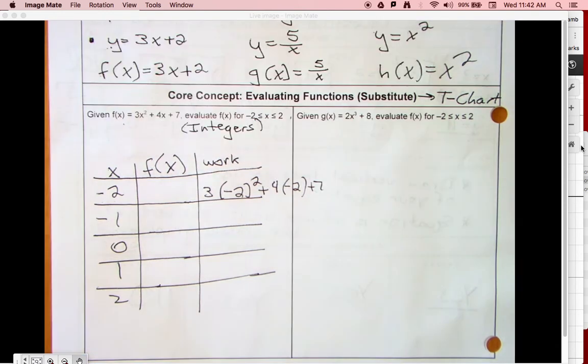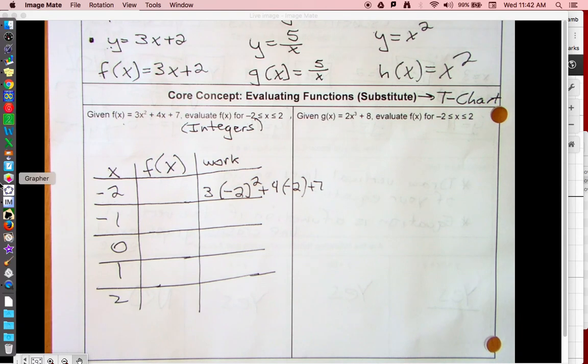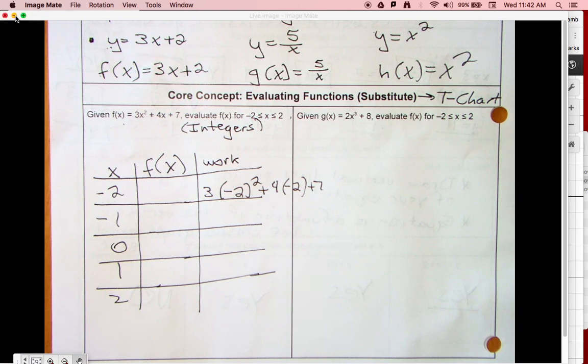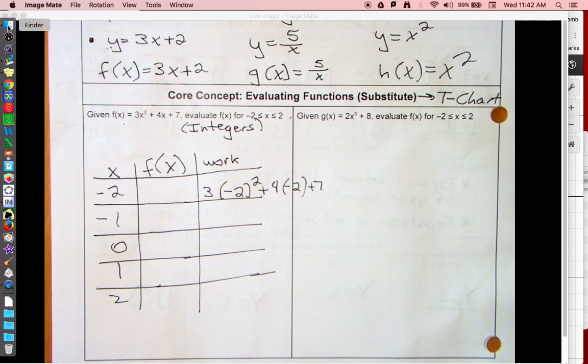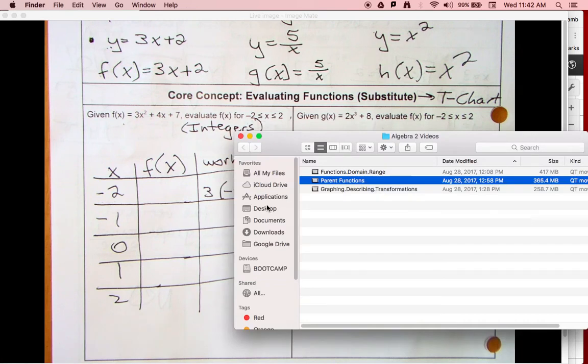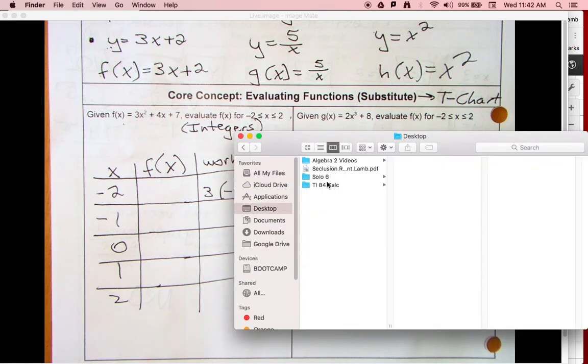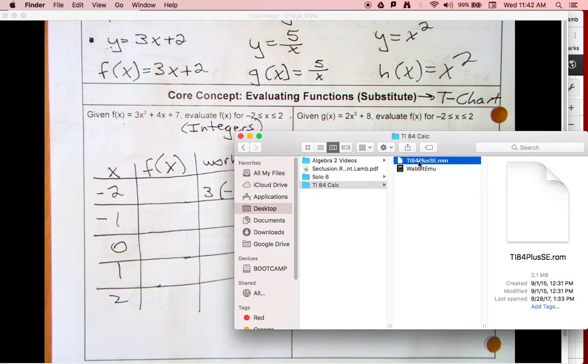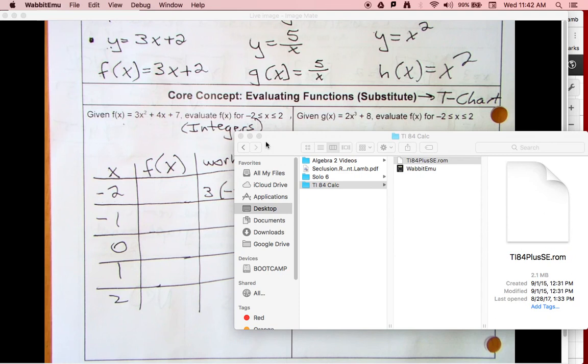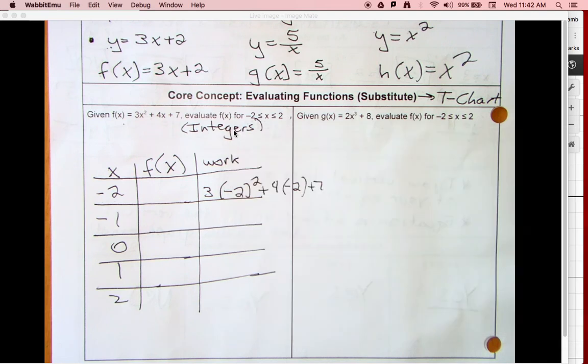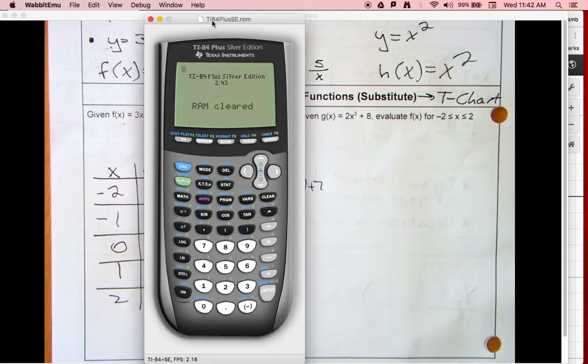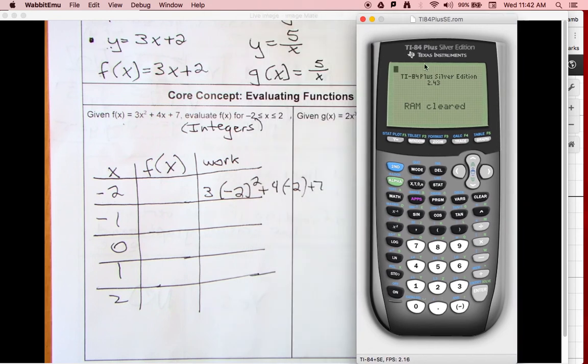All right, let's grab our handy dandy TI calculator. Let's go desktop. All right, look at that bad boy. Pretty cool, huh? All right, so let's clear that out.